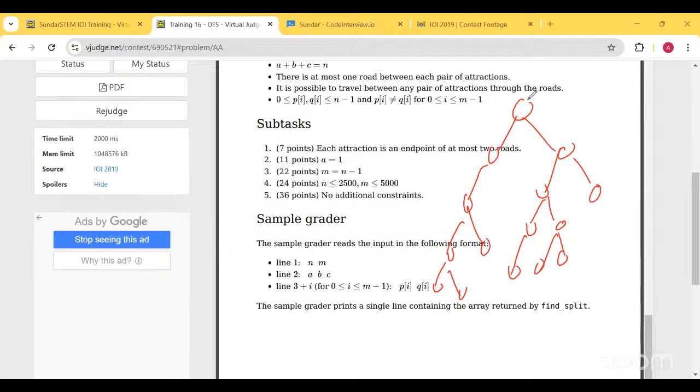What shall we do for each node? Or for example, when this is the root, then how to check whether we can make a partition or not?